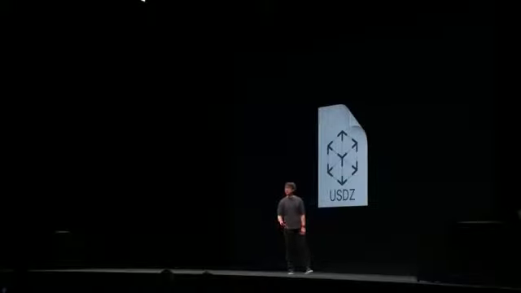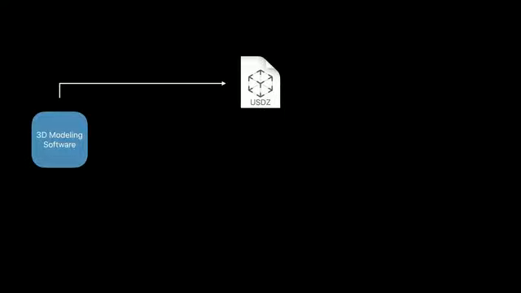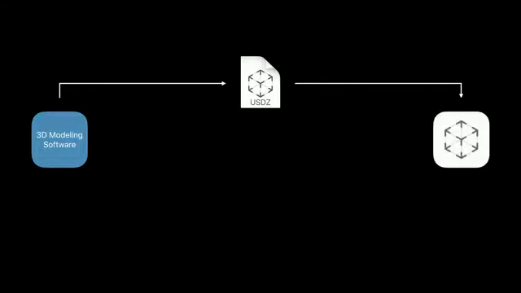So let's get started. AR Quick Look is built around USDZ. Today, people create content for AR Quick Look using their favorite 3D modeling software and exporting that scene as a USDZ file. You can then view that content in AR Quick Look, where you can push the object into your world to view it.